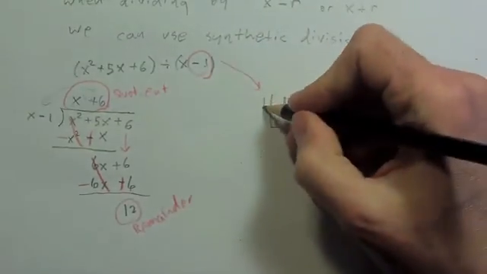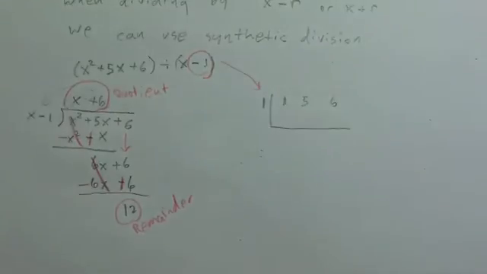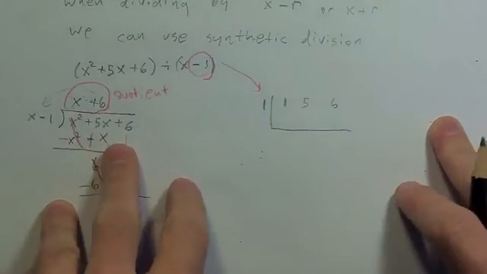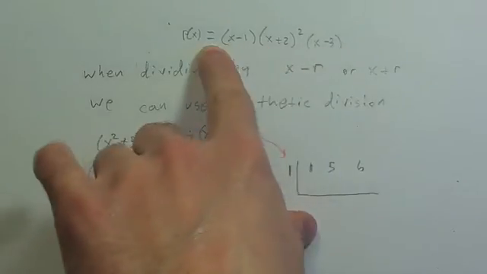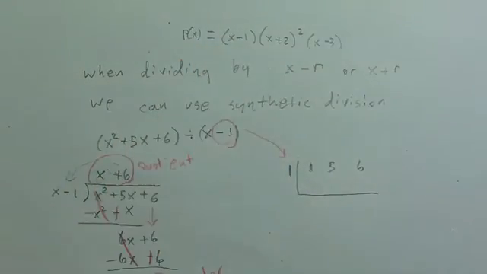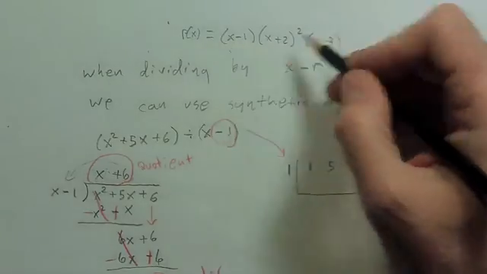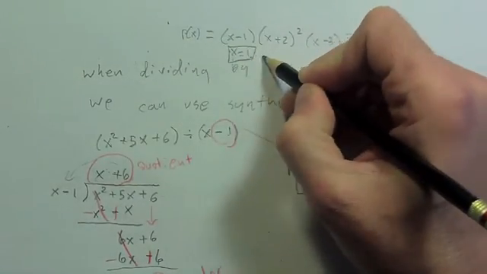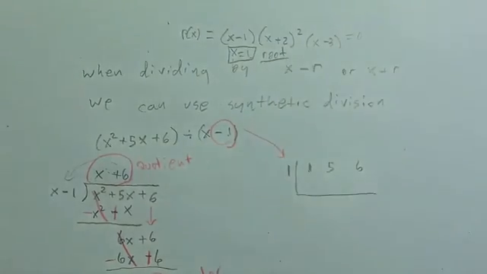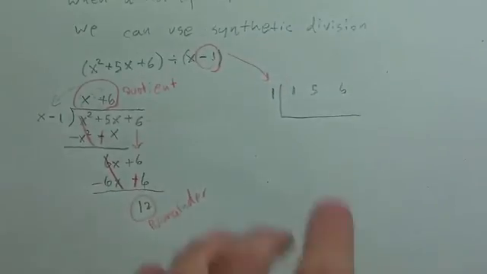here. Now, why the negation? Well, think of it this way. If x minus 1 is one of our pieces that gives us a root, if I set this equal to 0 and solved, I'd actually get x equals 1 as a root. So we're actually putting a root here.